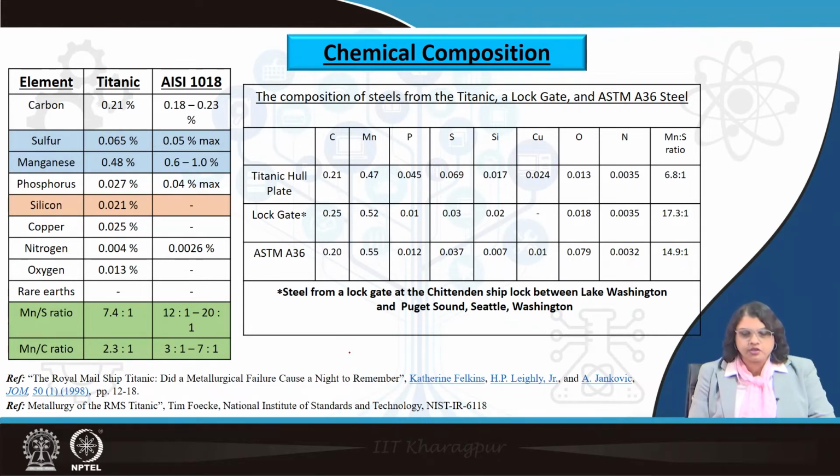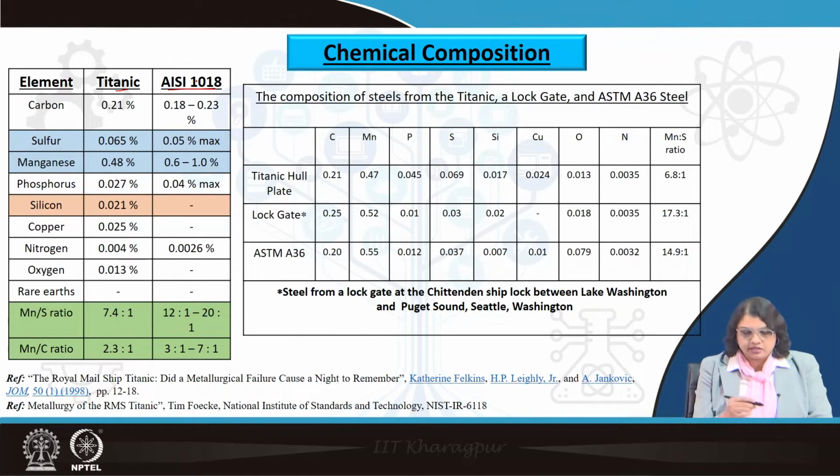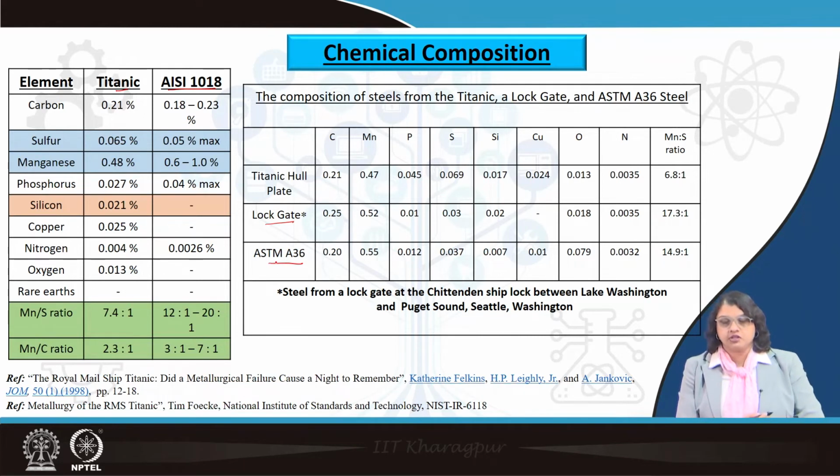But if we look into the details of the chemical composition of Titanic, in comparison to the chemical composition of modern-day shipbuilding steel, for example AISI 1018, or in another separate study it has been compared with the Lukens steel or the ASTM A36 steel, which are used these days.